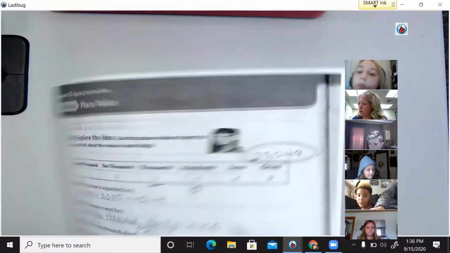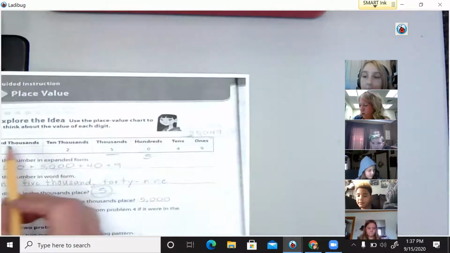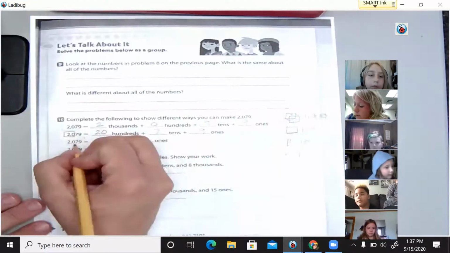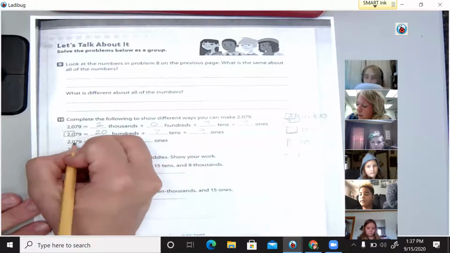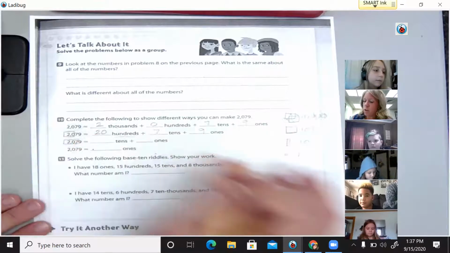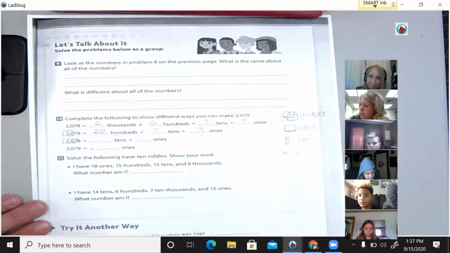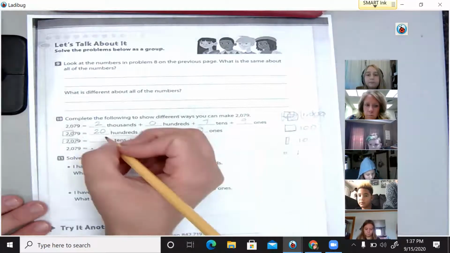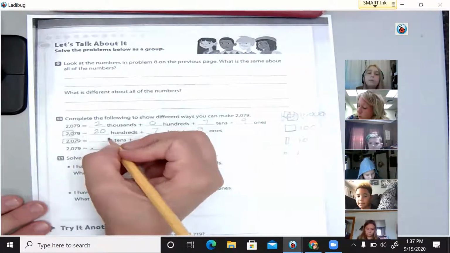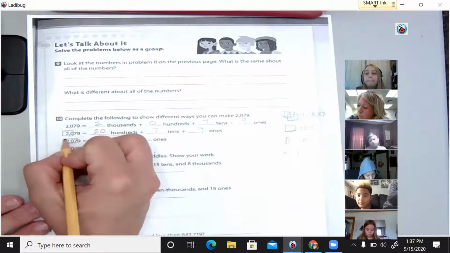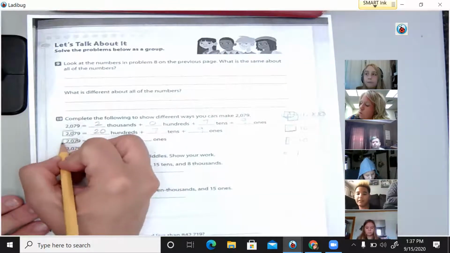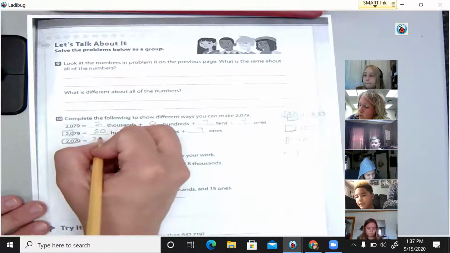So if you look at this chart, then we have, very good, the 7. So I'm going to underline the 7, and I'm going to box in everything to the left. That tells me how many tens I need. So how many tens do I need to make 2,079? Look at what I've boxed in. 207. Very good. 207 tens.